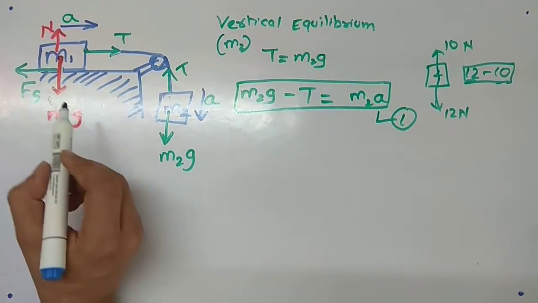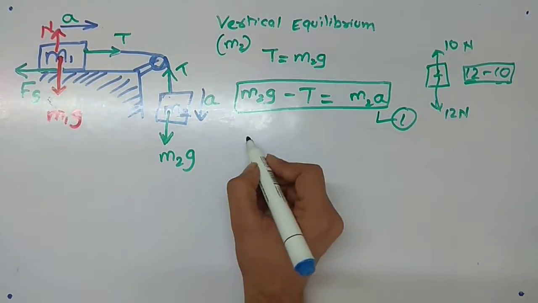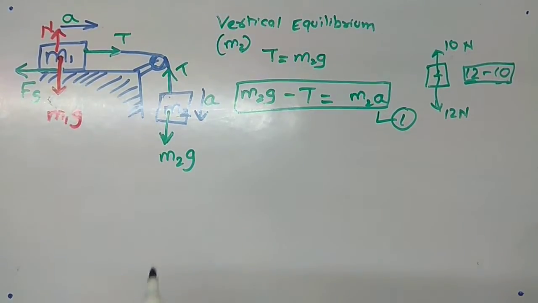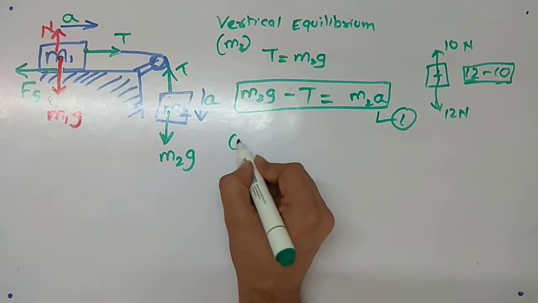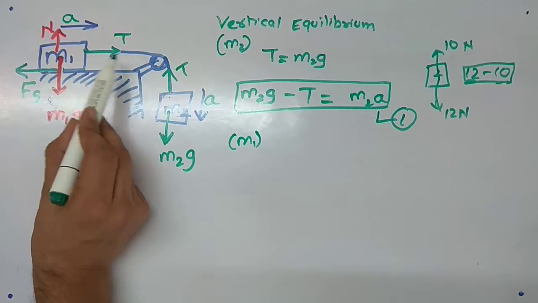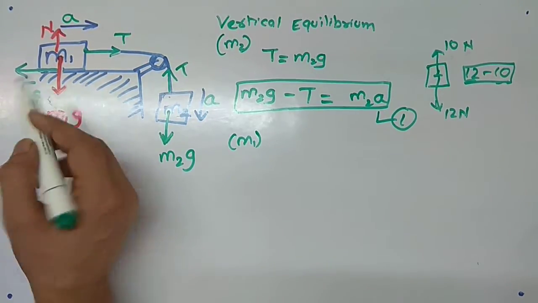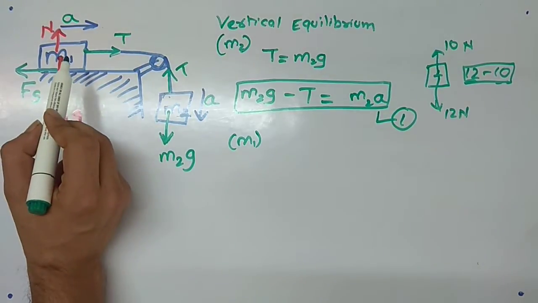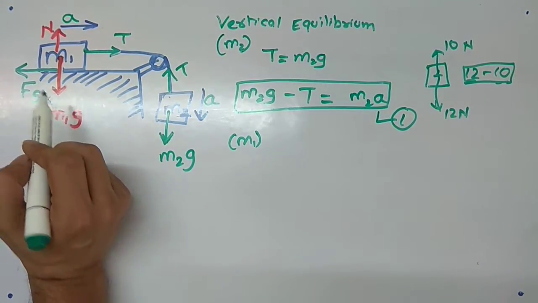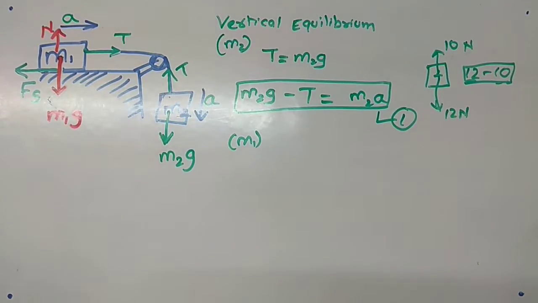Now, if you see this object, again we are considering vertical equilibrium only, but now for the object of mass m1. Tell me, when this object is moving forward, is it going to move upward or downward? Obviously not. So the upward force should be equal to the downward force. What's the upward force?